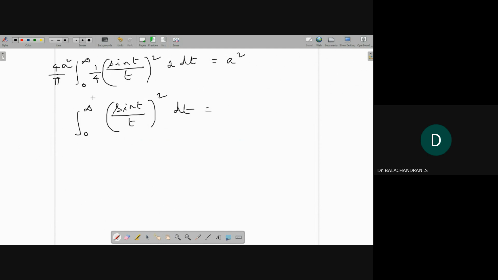The final answer is what? Pi will go that side, and this 2 will come here, so pi by 2 is the final answer. I call this equation number 2. So the first reduction part is over.